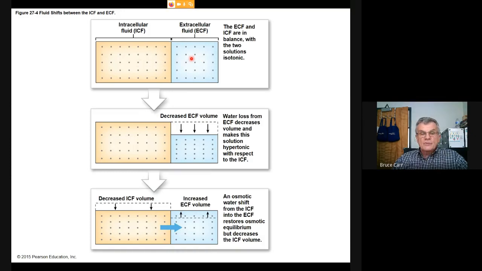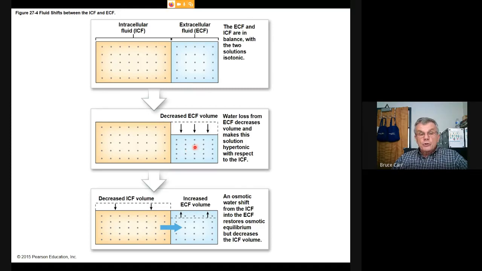Now, what happens if you have a water loss that decreases the volume? Maybe this is due to a hemorrhage situation. You bleed out, and so you lose this amount of water. Do you notice how that concentrates the extracellular fluid?